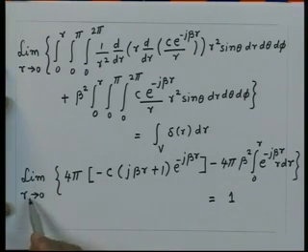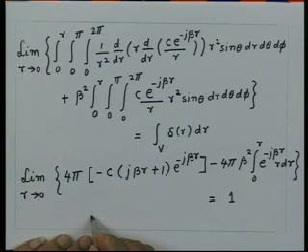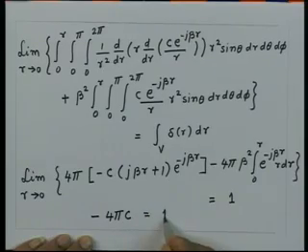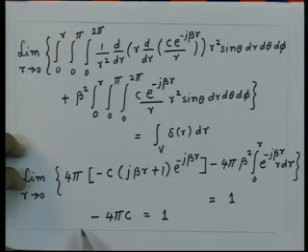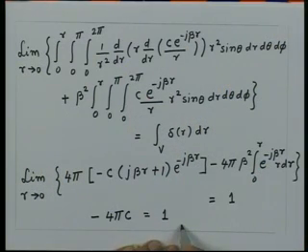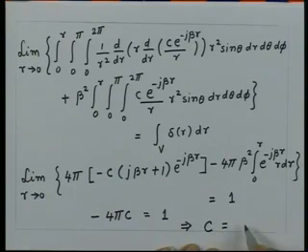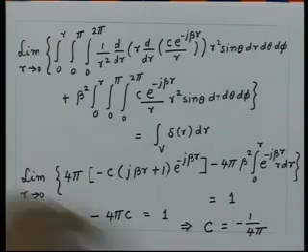So, in the limit when r tends to 0, essentially we get minus 4 pi into c, that is equal to 1, or we get this arbitrary constant c which is minus 1 upon 4 pi. So, this gives now this arbitrary constant c that will be equal to minus 1 upon 4 pi.